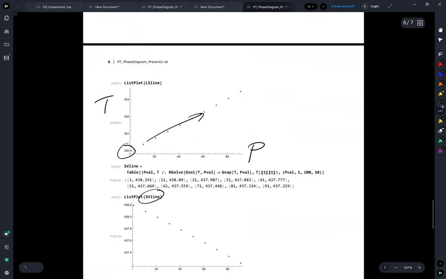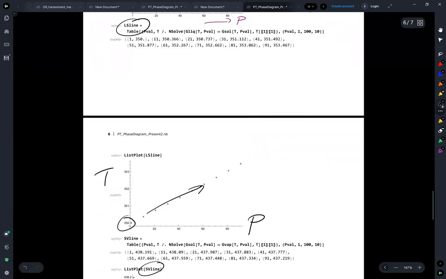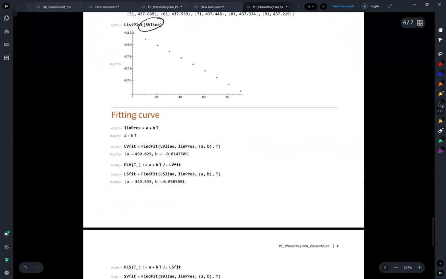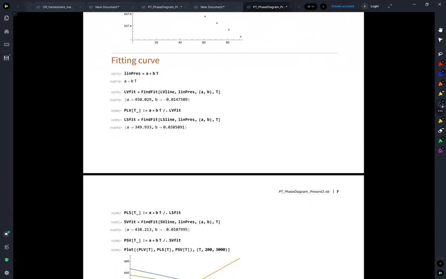So what I did next was I took the temperature pressure and I fit a linear curve, right?